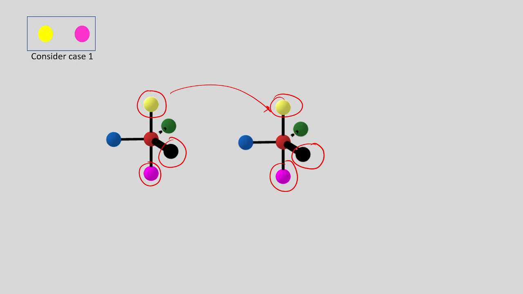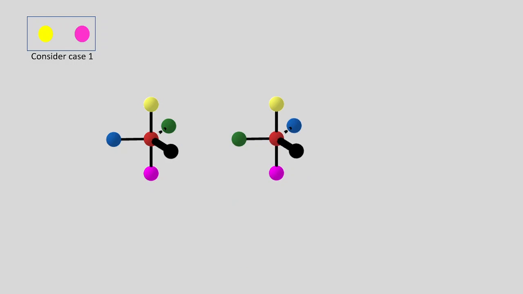In this molecule, it got superimposed with the first one, but you can have the second case, which would be like this, when the green and the blue are not superimposed after the yellow, pink and black are superimposed, and these two molecules are not superimposable. No matter how you rotate one or the other molecule, they will not be superimposed.